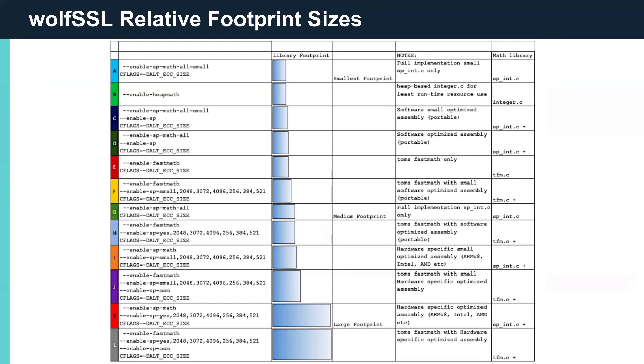So you can see the smallest footprint library is using our SP math all in its small configuration. The largest footprint library, which is probably also going to be one of the most performant, is using fast math with our SP enabled and our SP assembly support.